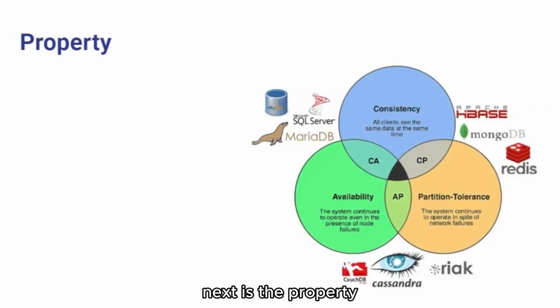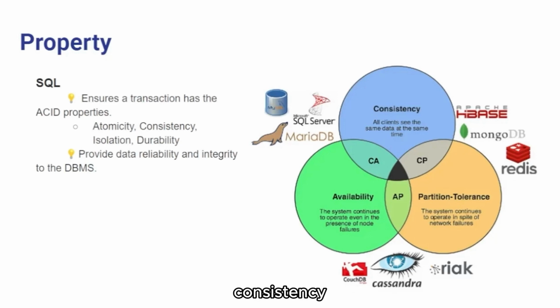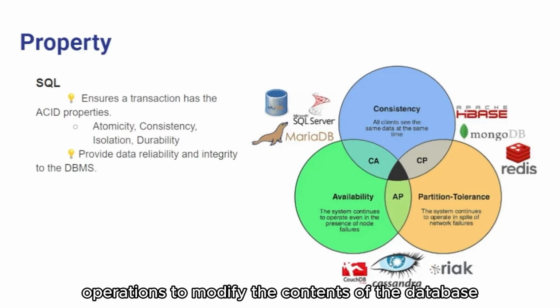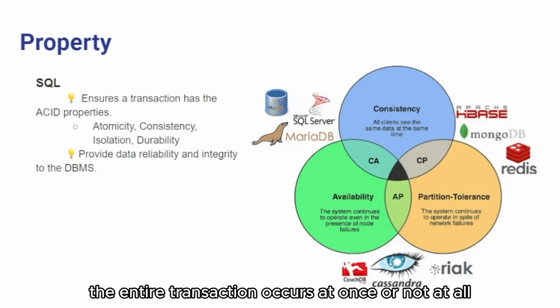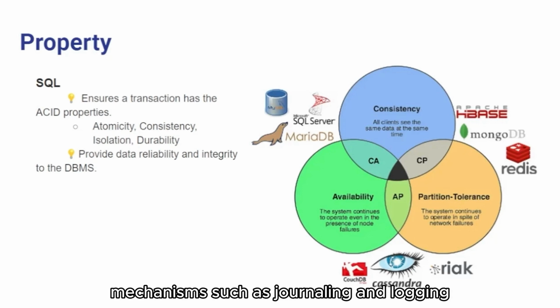Next is the property. So SQL ensures a transaction that has properties of atomicity, consistency, isolation, and durability, or ACID. So transactions access data using read and write operations to modify the contents of the database. Atomicity means that the entire transaction occurs at once or not at all. You can achieve atomicity through complex mechanisms such as journaling and logging.